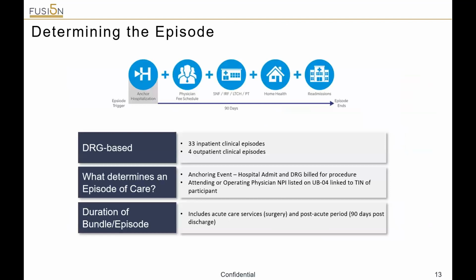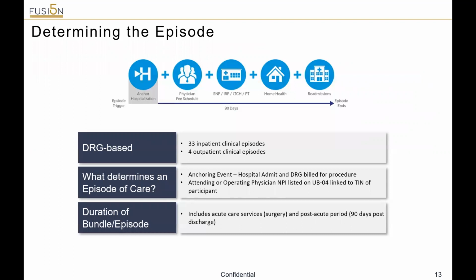I mentioned before, you've seen the chart here in terms of what is an episode. This is DRG based, as I have said before. There are 33 inpatient clinical episodes and 4 outpatient clinical episodes. That's an addition of 4 inpatient episodes and 1 outpatient episode from where we started on October 1st of 2018.